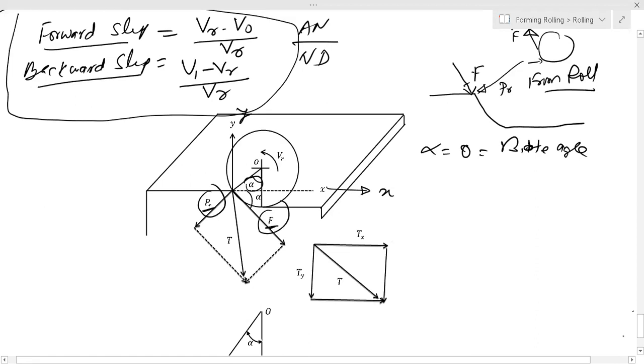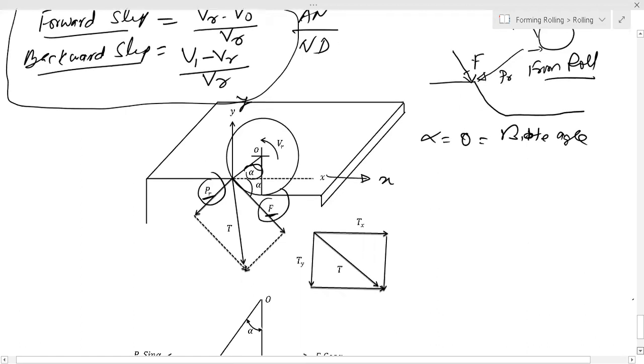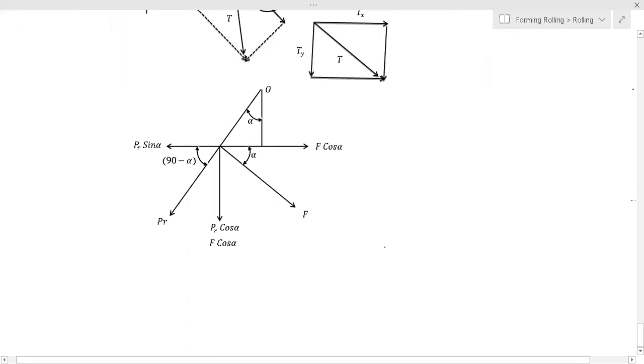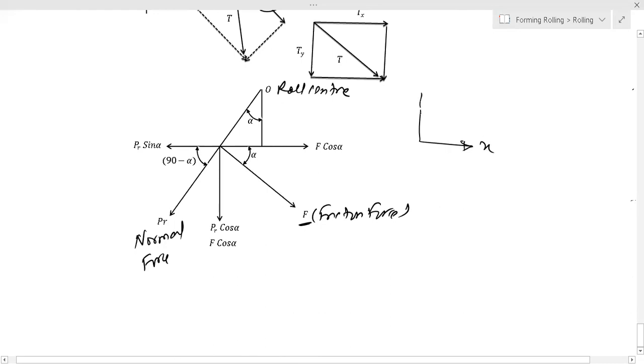Now what we'll do with this resultant: this is your friction force and this is your normal force, this is your alpha, and this is your roll center. So this F will break into two components, one in the X direction, the other in the Y direction.